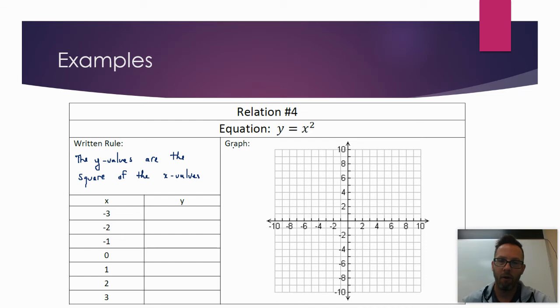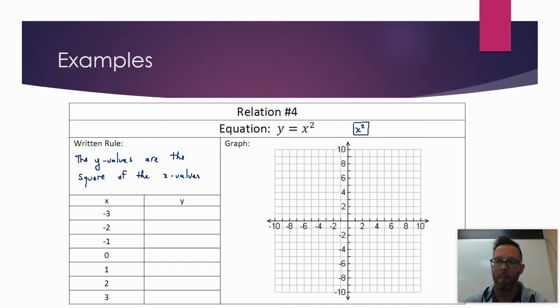This is just a good time to review with you guys. When you're squaring a number on your calculator, most of you should have an x squared button. And I would argue any of these values, we should be able to use mental math as well.